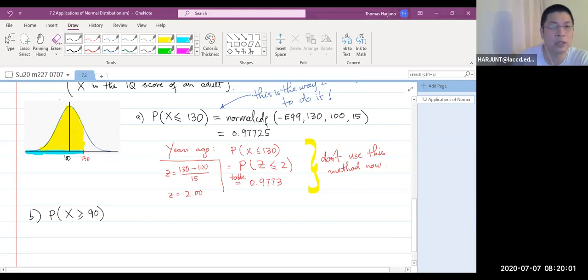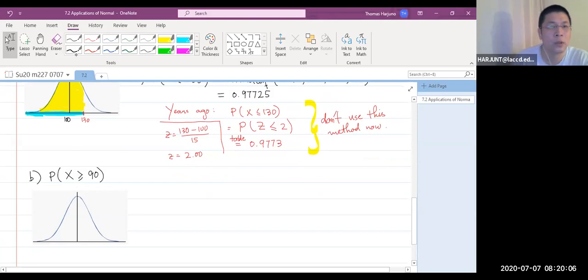Let's see the density curve first. The mean is 100. 90 is to the left of that, 90 is here. I need to find the area under the curve greater than 90, so I need the one to the right of this. I need this yellow color.